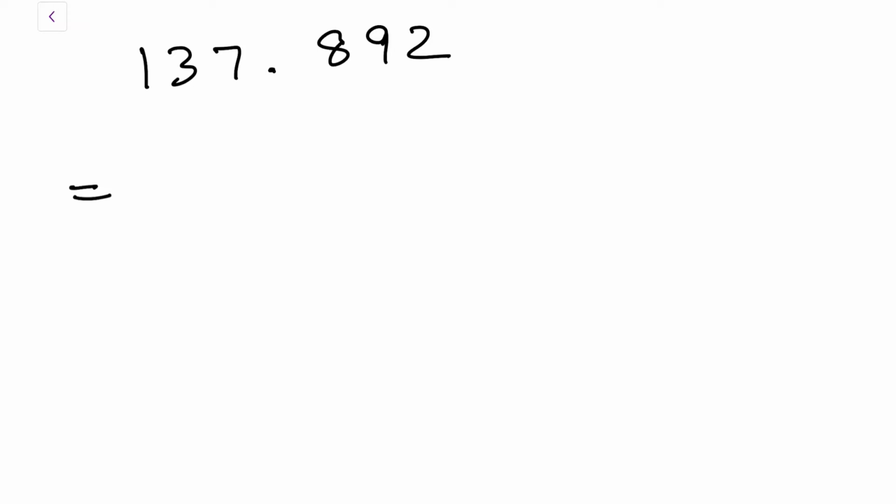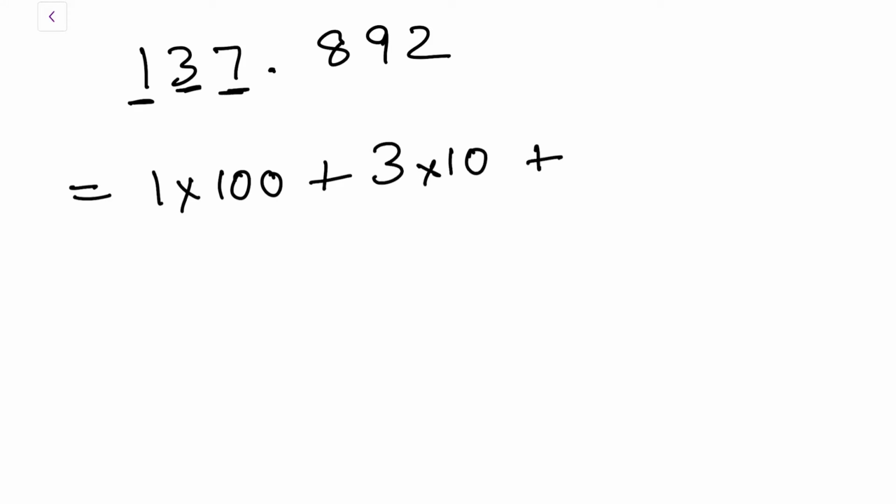Alright, so 1 is in the hundreds place, so 1 into 100, plus 3 is in the tens place, so 3 into 10, plus 7 is in the ones place, so 7 into 1. Alright, now this is where it gets interesting. Remember, we've seen 8 is in the tenths place. So after 1, as you go to the right, the first decimal place value is the tenths place.